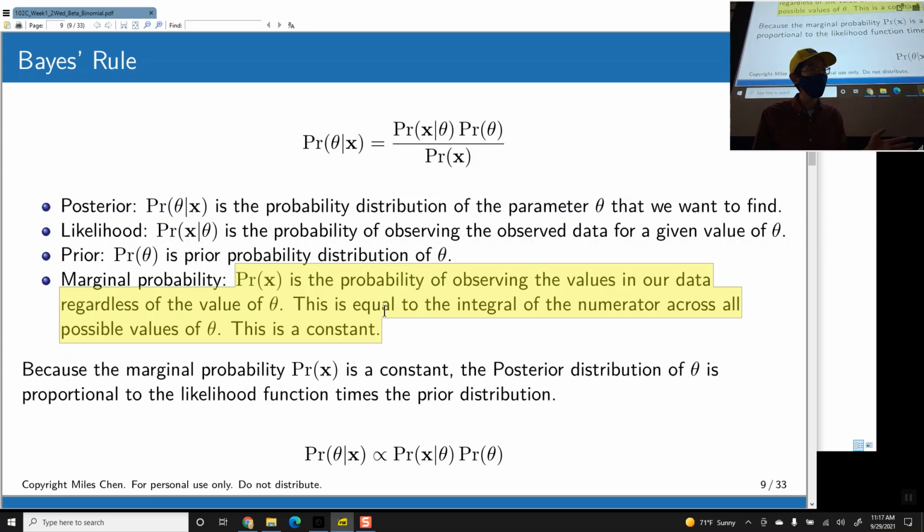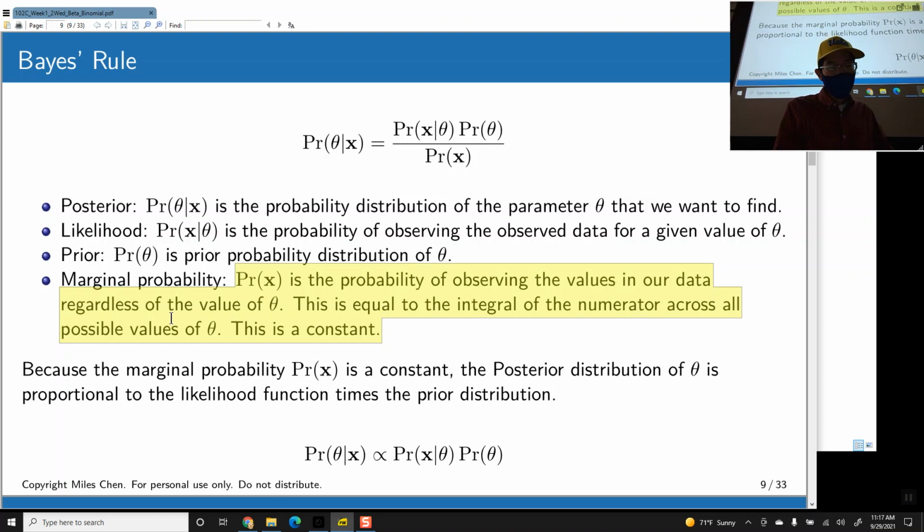I don't want to say it's the bane of our existence, but it's often a very difficult thing for us to calculate. And so a lot of times we just say, I don't want to do it. And that's okay, because we have ways to work around it. We figured out a way to get around that.